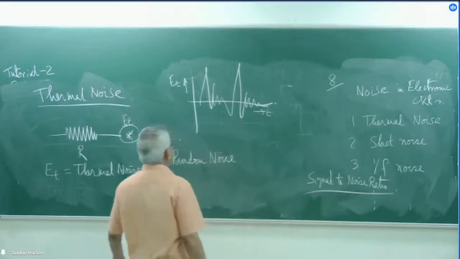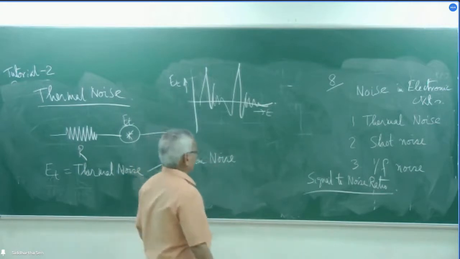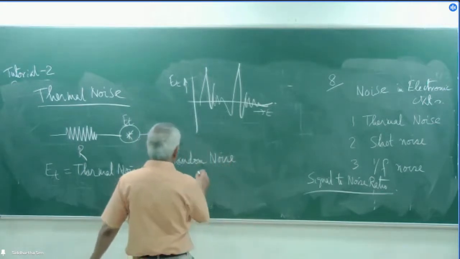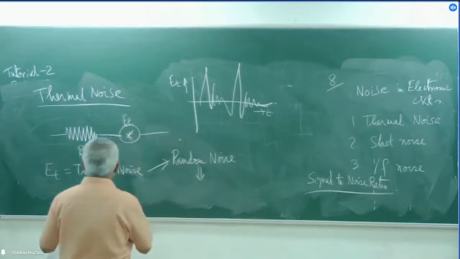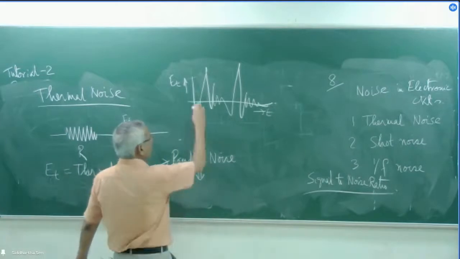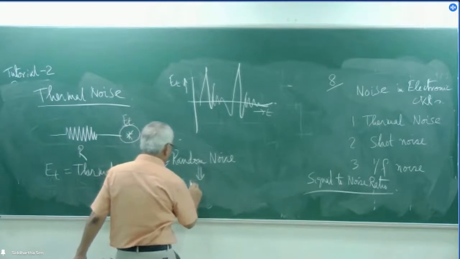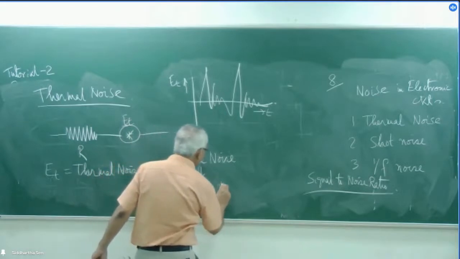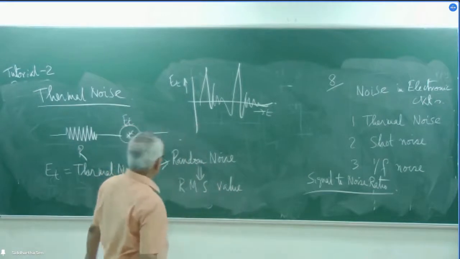Sometimes we call it zero mean random noise, where the average value is zero. So while we try to express or quantify it, we always put it as a random number in terms of the RMS value.